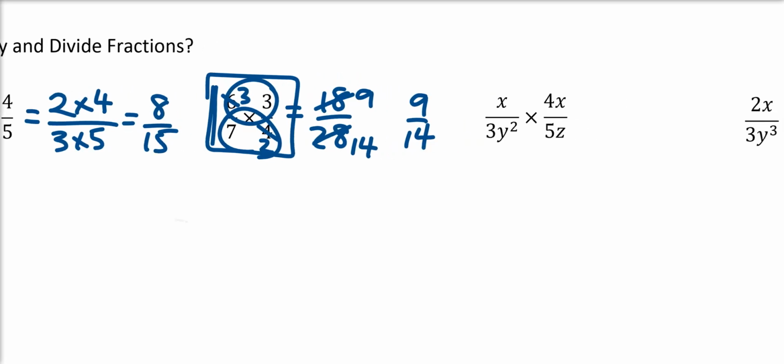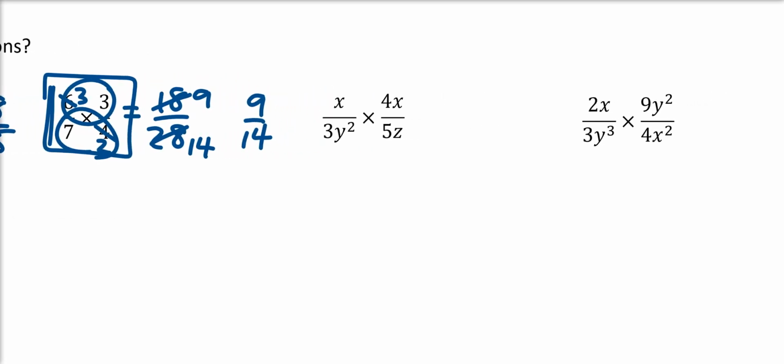For example, we want to do these ones here. I've purposely made it so the first one doesn't simplify, but the second one does. First one, what are we going to do? This is times.